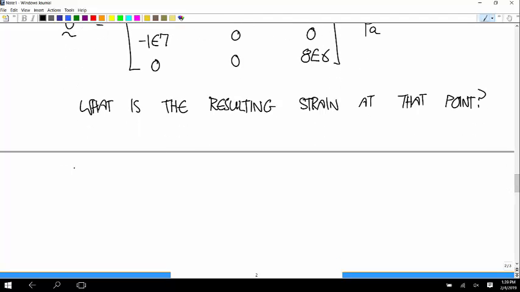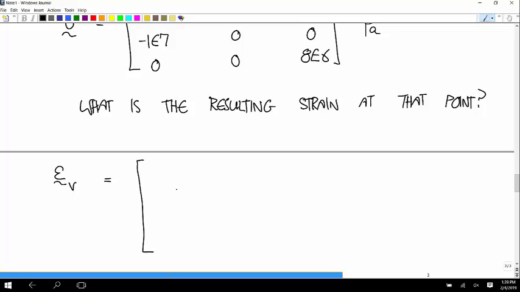Well, the Voigt strain is just going to be equal to that big 6x6 compliance matrix we just figured out, I'm not going to write out all the values again, multiplied by the Voigt stress.